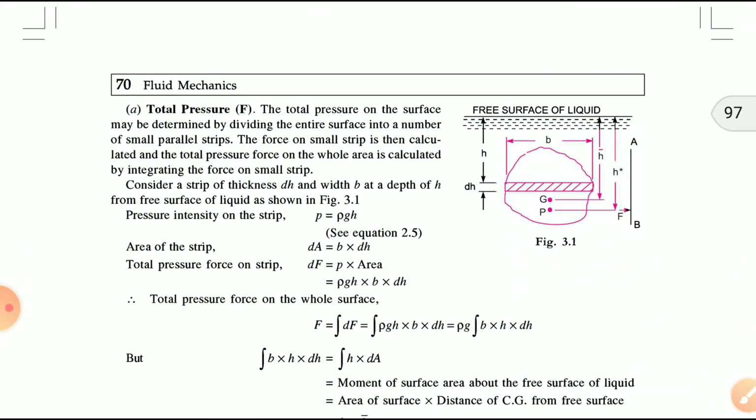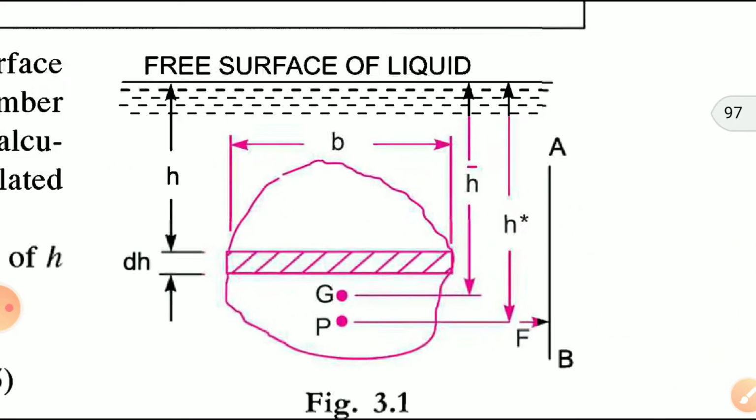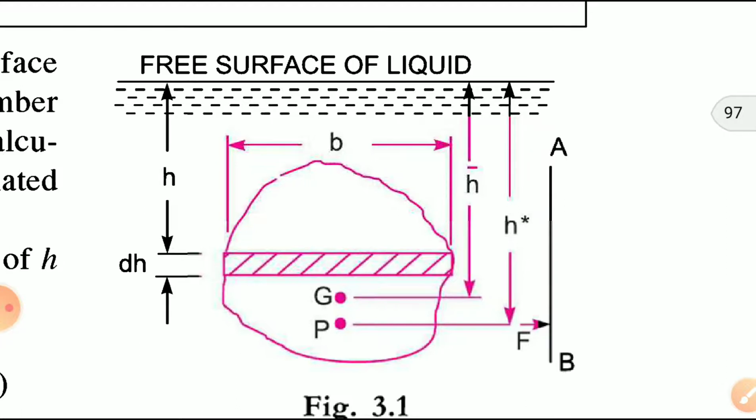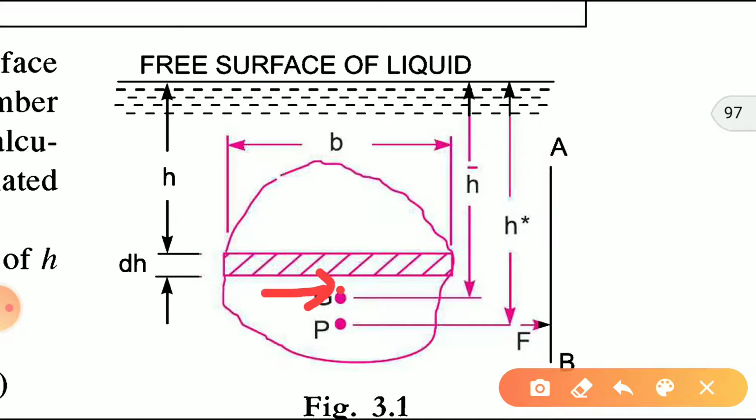Now in this diagram we can see an arbitrarily shaped plane surface which is vertical and submerged in a liquid. On this surface, point G is the center of gravity and point P is the center of pressure.